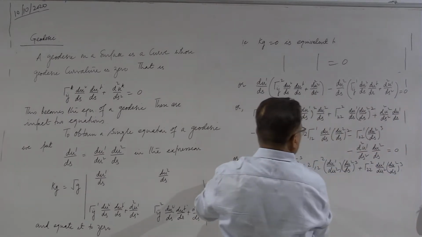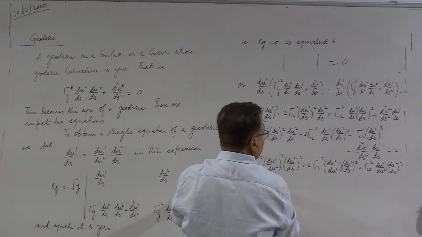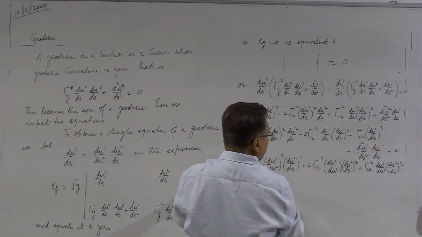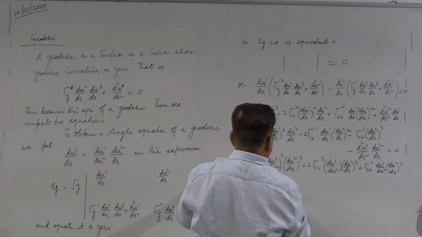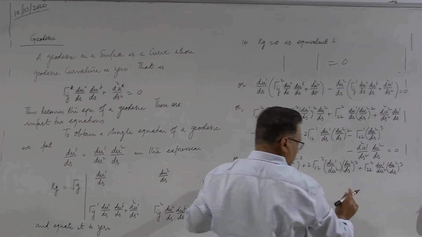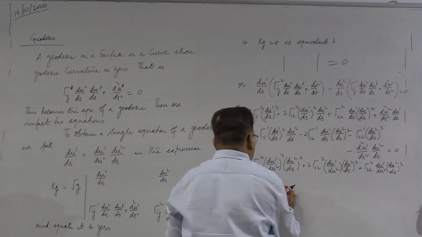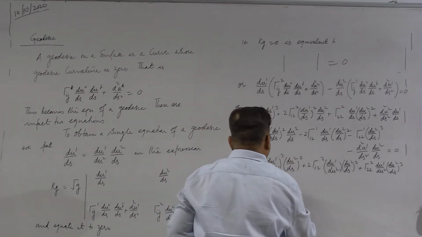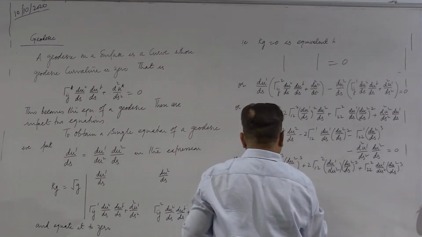So, plus d²u2/ds² into du1/du2 into du2/ds.